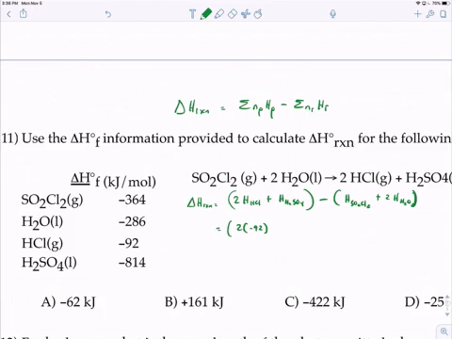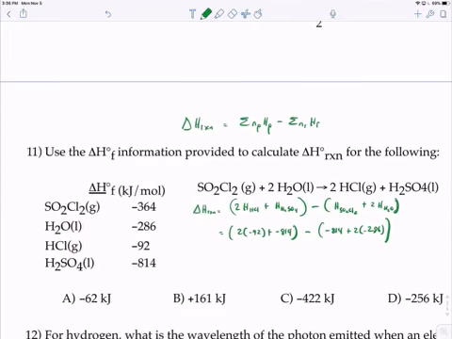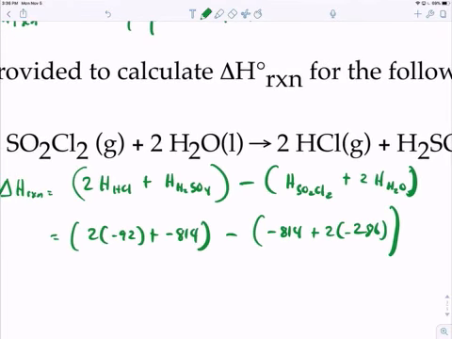2 times minus 92 plus minus 814 minus the quantity negative 814 plus 2 times minus 286.